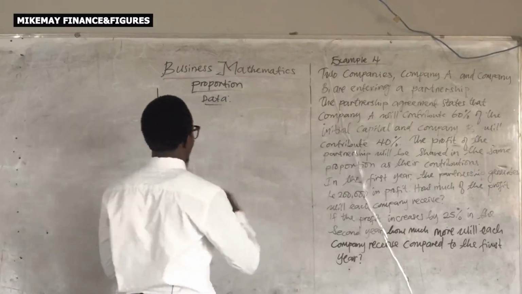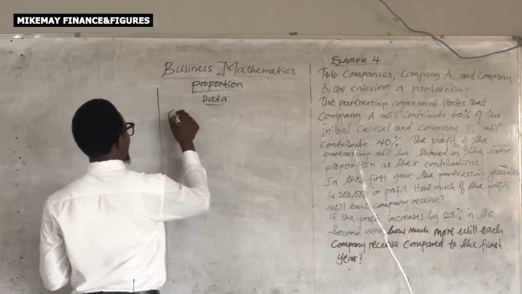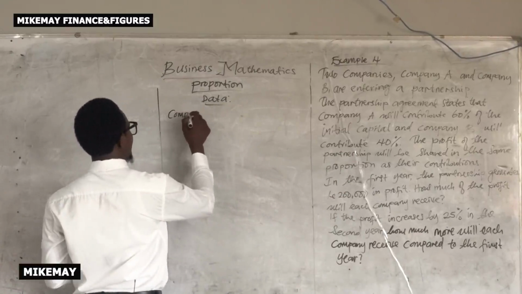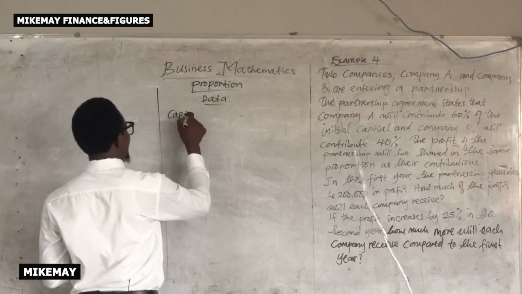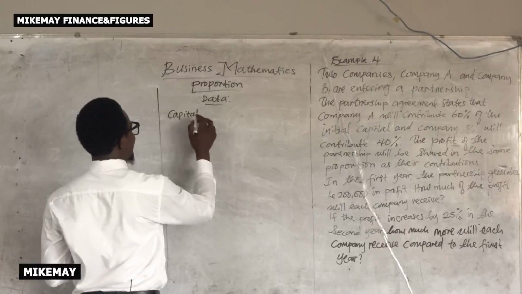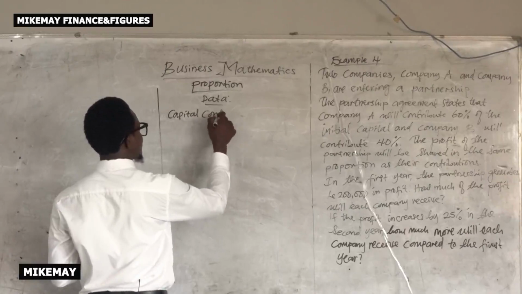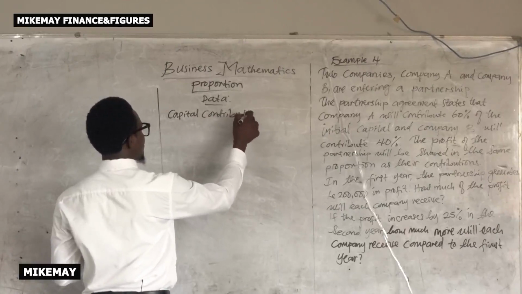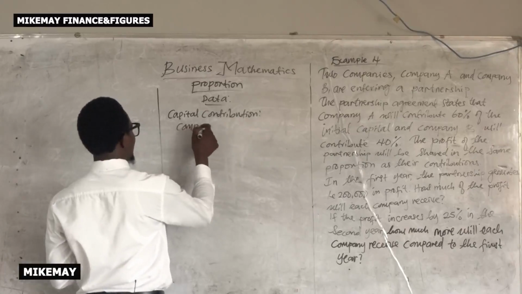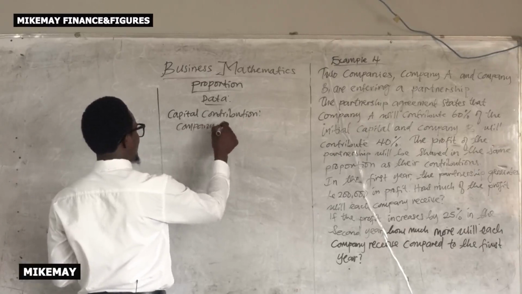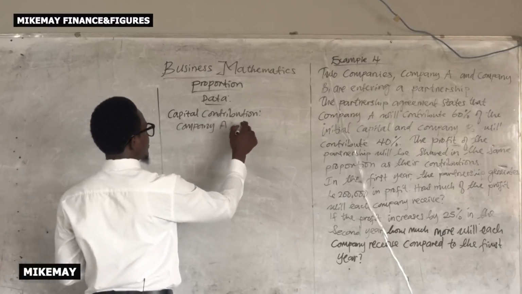Company A has 60%. Let's say we call it capital contribution. Capital contribution. Company A is 60%.